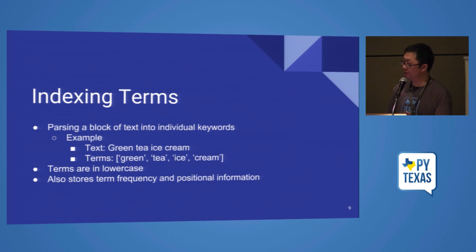When we parse this string, we also store how frequently a term occurred and the positional information. The reason for that is to support weighting and phrase queries, because we know which word occurred first and the order of the terms.